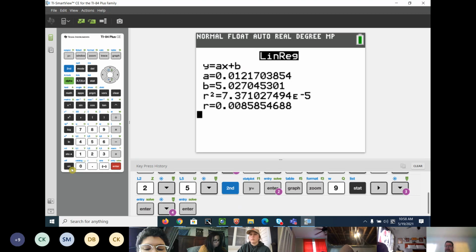I'm going to write this on the page right here. y is equal to 0.0121703854x plus 5.027045301.